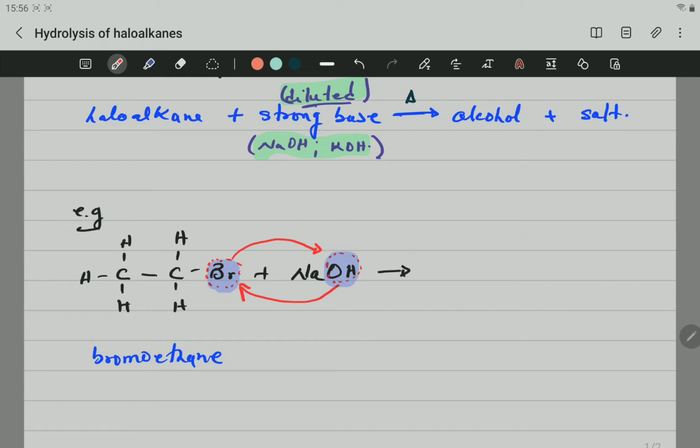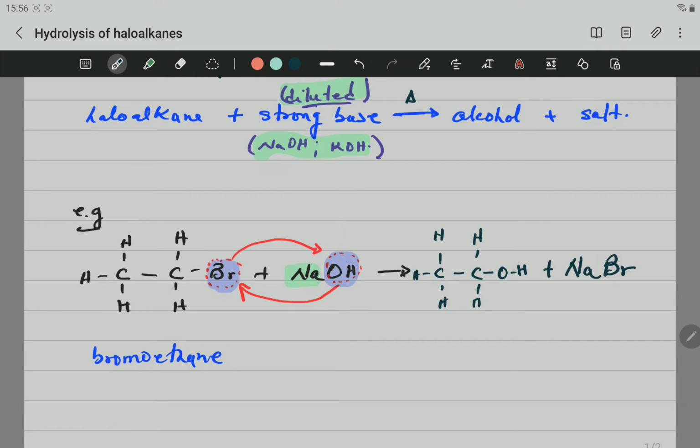So what do we have in the product? First of all, the alcohol: the 2 carbons, all the hydrogens where they were before. They didn't change. You didn't take any hydrogen away. Here, instead of bromo, we have OH, and that is the alcohol. Plus, what is left? We have the sodium left, and the Br with the sodium.